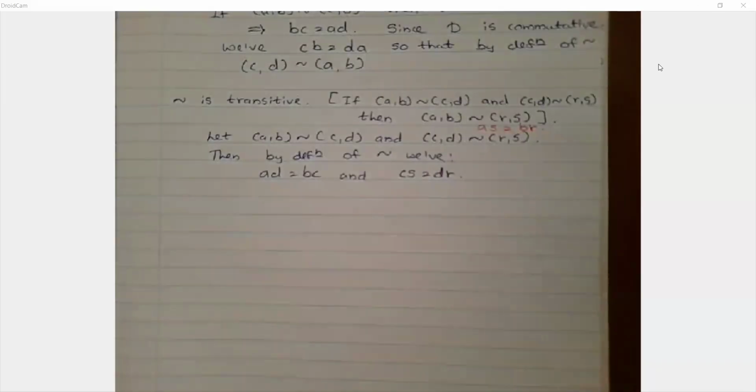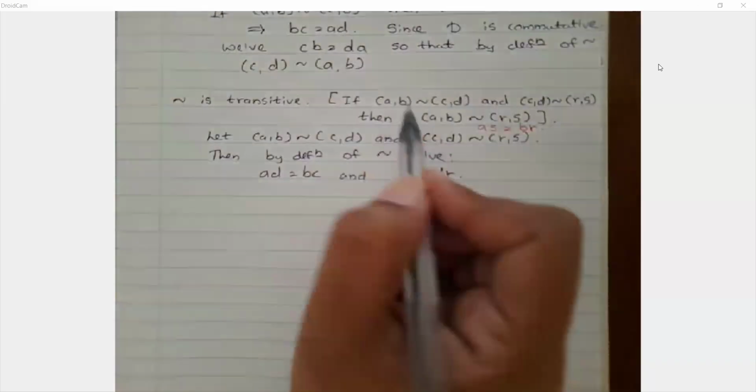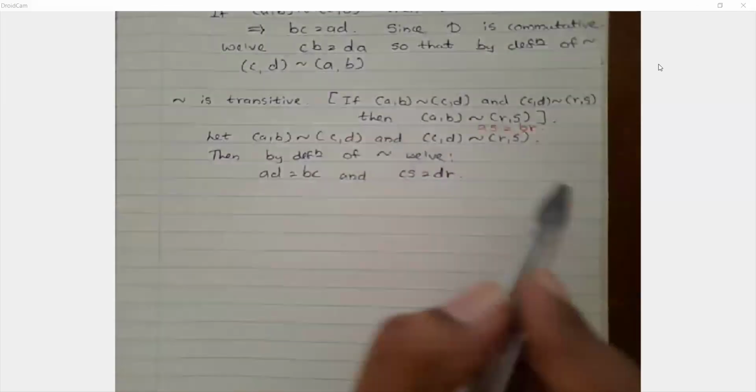That's how these elements in S are defined. If we take the pair AB, B must be non-zero if this element is coming from S. Right?